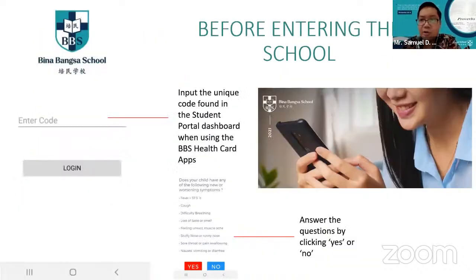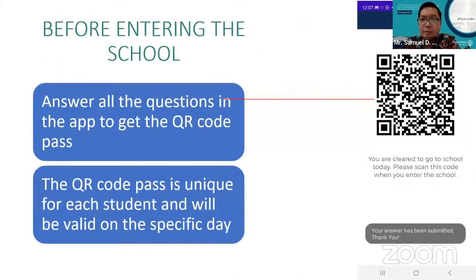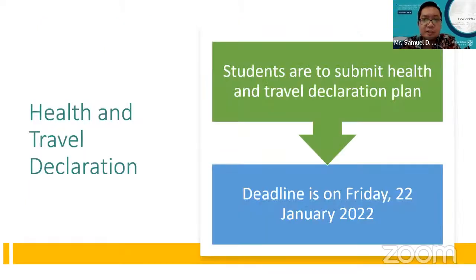The details you can read later in the PDF. You need to answer all the questions in the app to get the QR code pass. The QR code pass is unique for each student and valid only on the specific day. So if you fill in the app the day before, the night before, it will be invalid. You must check in the morning of the day itself.